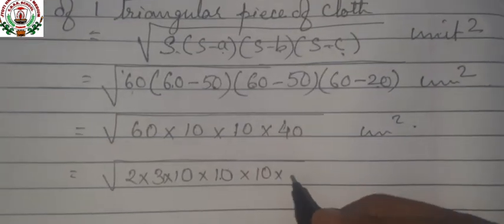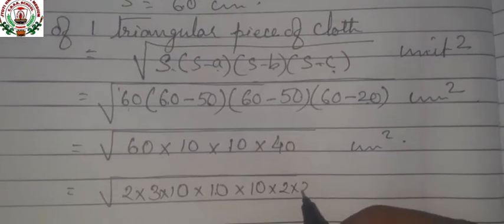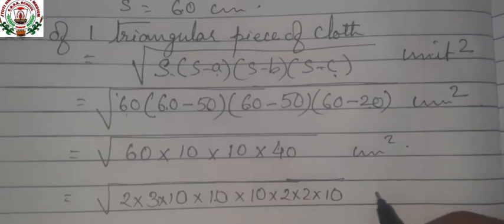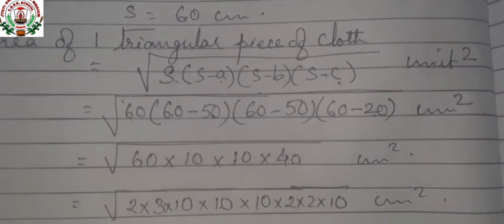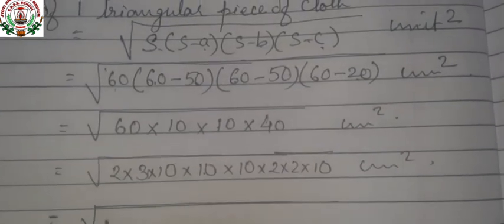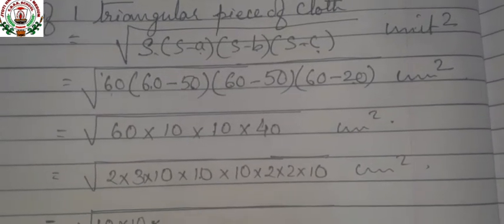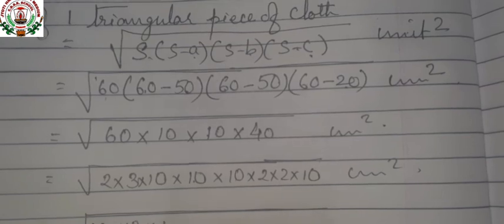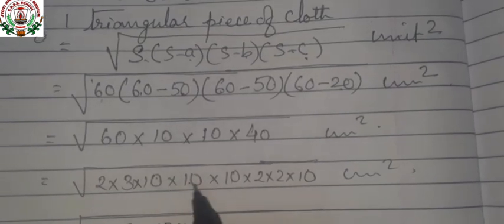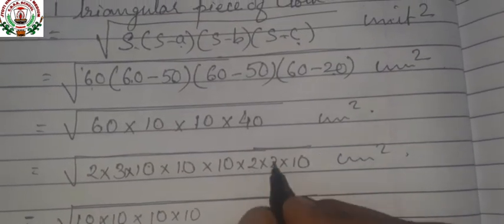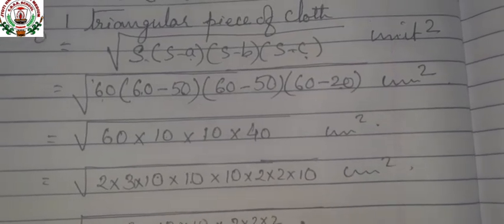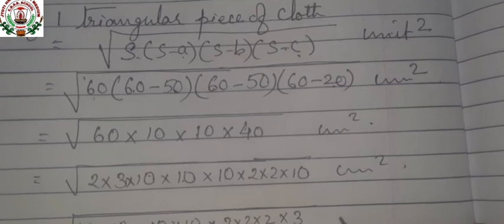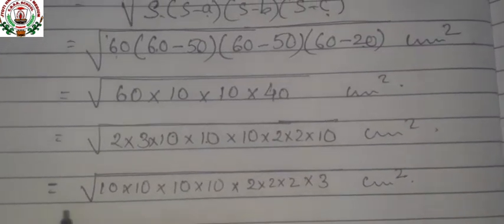This 40 I can write as 2 into 2 into 10 cm square. Now all these 10s together we can write: 10 into 10, 4 tens are there, 1, 2, 3, 4, all will come together. Then how many 2's are there? 2 into 2 into 2, 3 2's are there, and 1, 3 cm square.